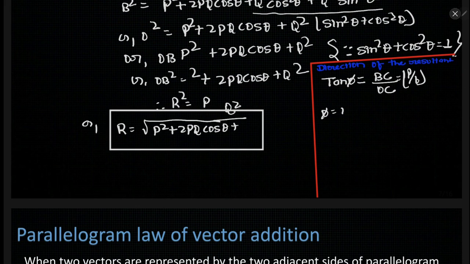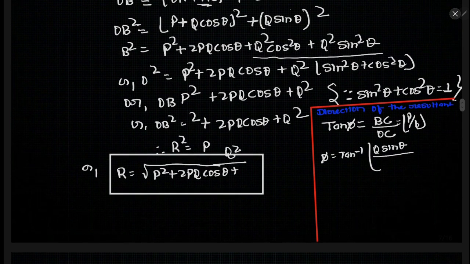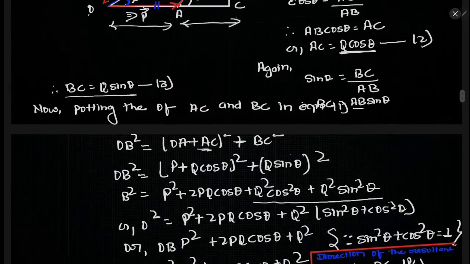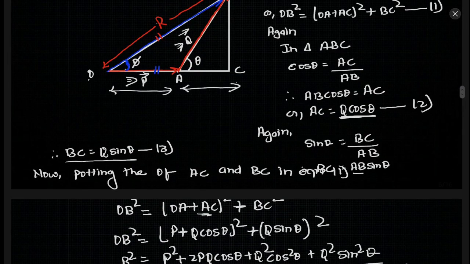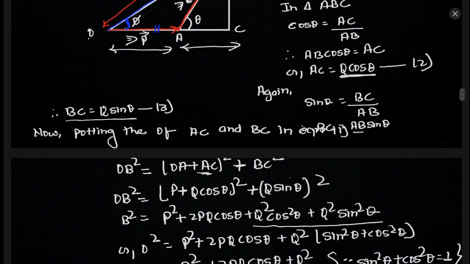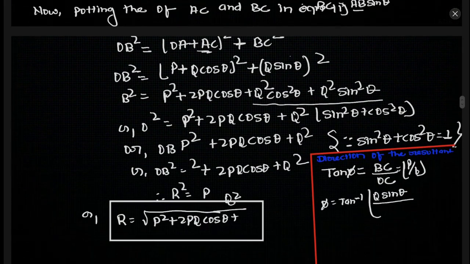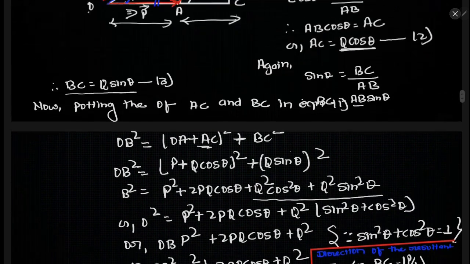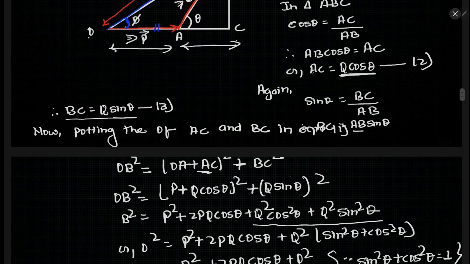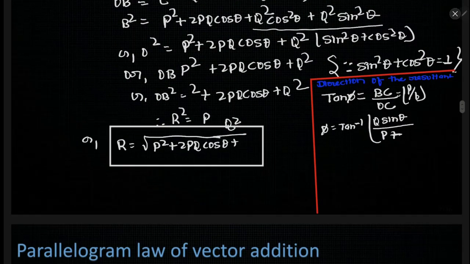Phi is equal to tan inverse of Q sin theta by, for this OC we have OA plus AC, and OA is equal to P, so I will directly write P plus this AC is equal to Q cos theta, so I will write the value Q cos theta.